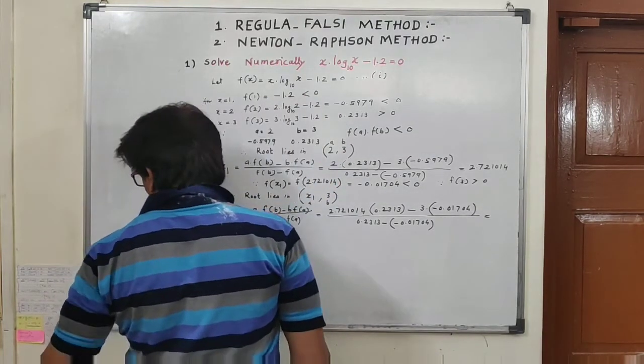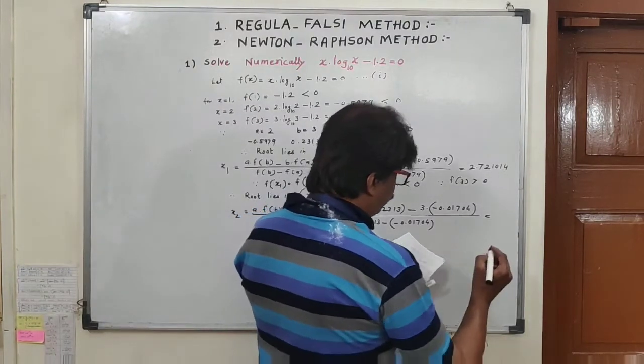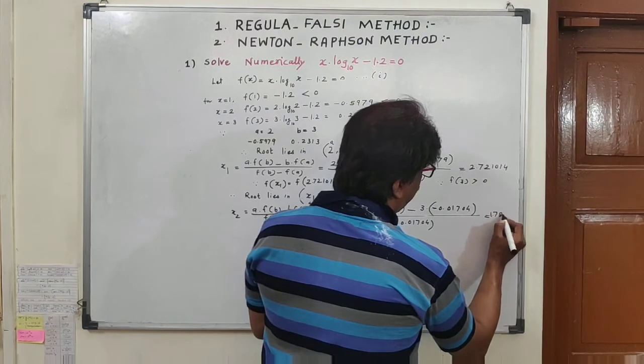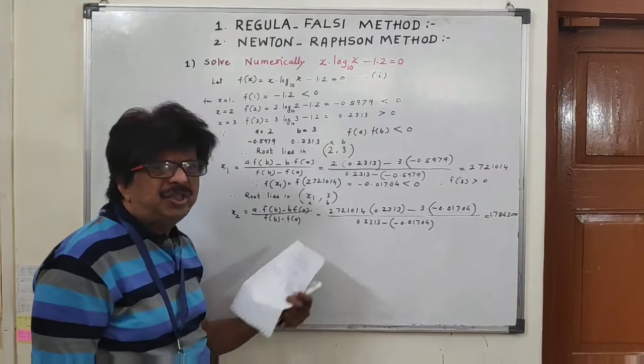This gives me the value of x2. x2 comes out as 1.784200. This is my calculator work.